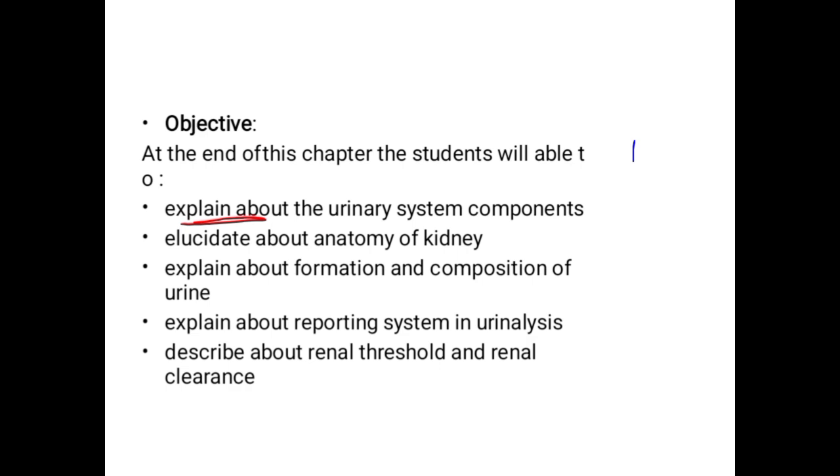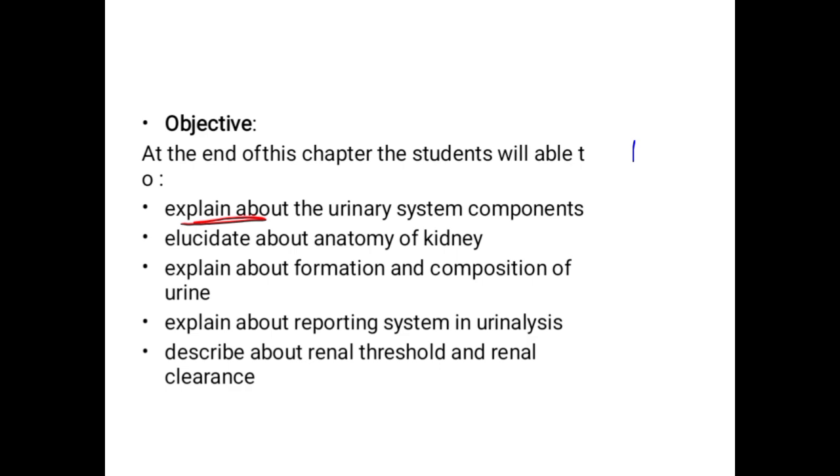Ureters are two narrow tubes that transport urine from each kidney to the urinary bladder. They use peristalsis, or wave-like muscular contractions, to move urine. And the third one is the urinary bladder.